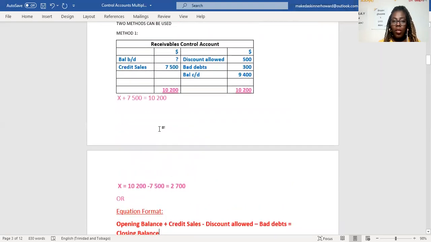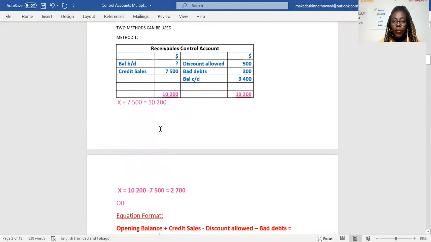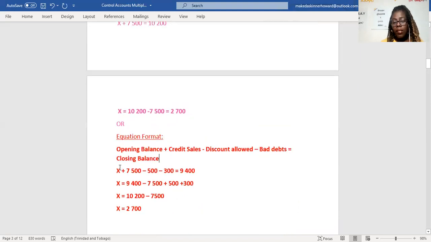So based on the information that they gave us, the opening balance is X because we don't know that. Remember, we're using another format. The credit sales was 7,500, discount allowed 500, bad debt 300, and all of that has to be equal to 9,400, which is the closing balance.